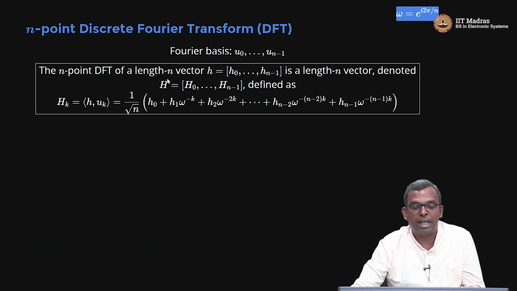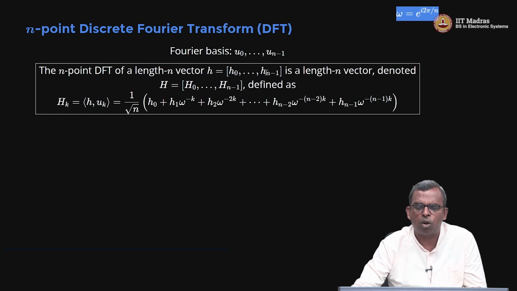So, the n-point DFT has input which is a length n vector, usually called with small letters h equals h0 to hn minus 1. The output is also a length n vector. I will call it capital H, H0 to Hn minus 1. All these are complex numbers.